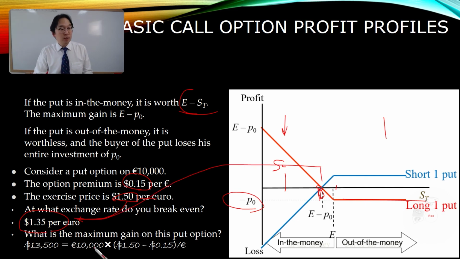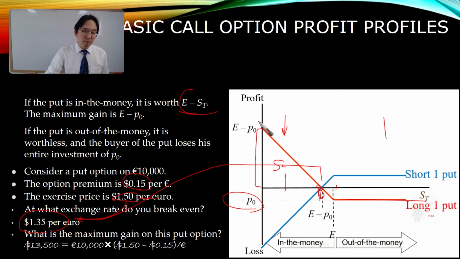What is the premium or the maximum gain on this put option? Well, that maximum you can calculate because this is over here. Okay, it's capped, right? The put option's possible maximum profit is limited over there.